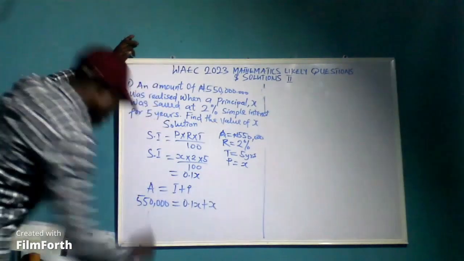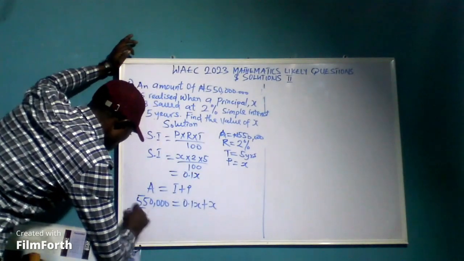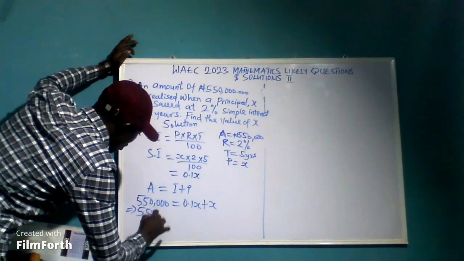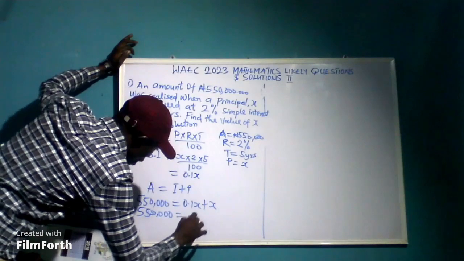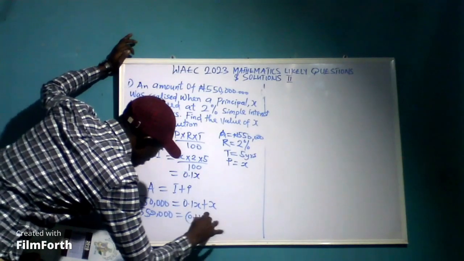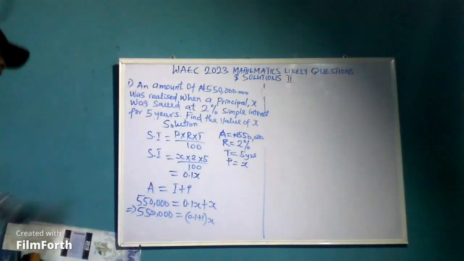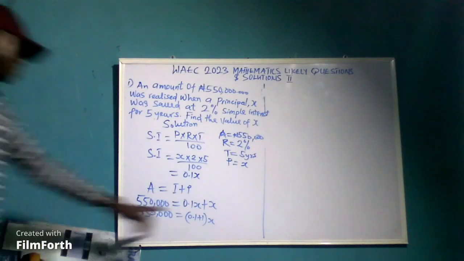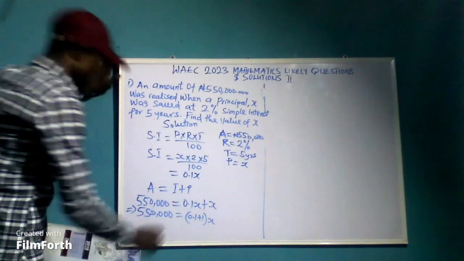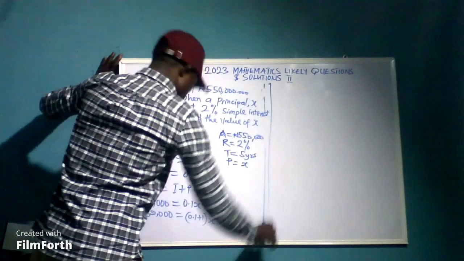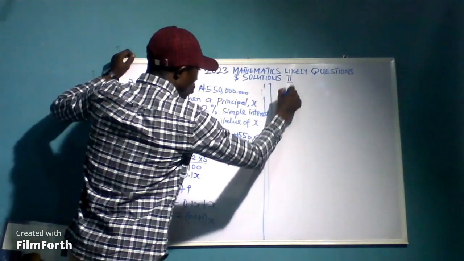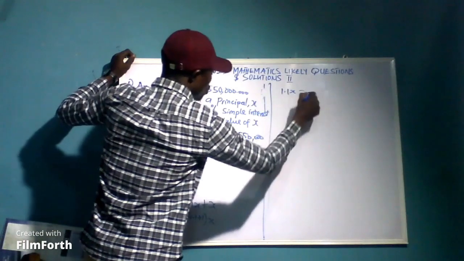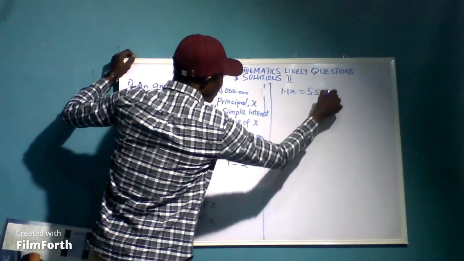This implies that 550,000 naira is equal to 0.1 plus 1, everything in brackets, to factor out X. 0.1 plus 1 will give us 1.1, so 1.1X is equal to 550,000.